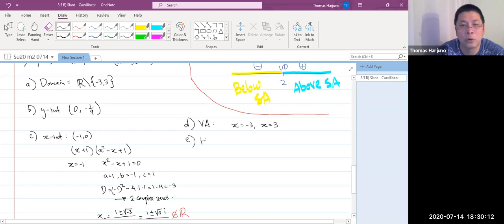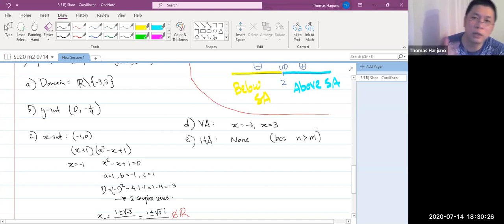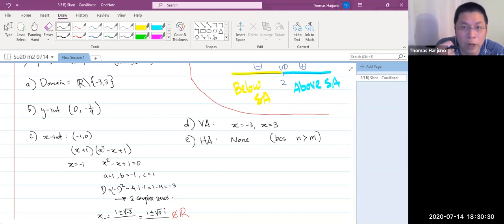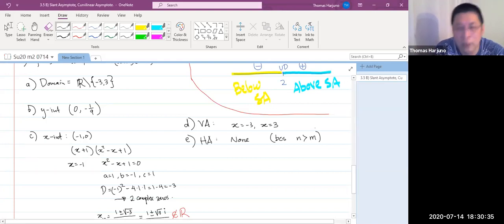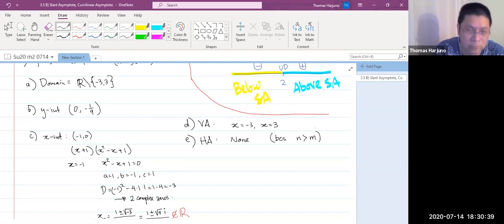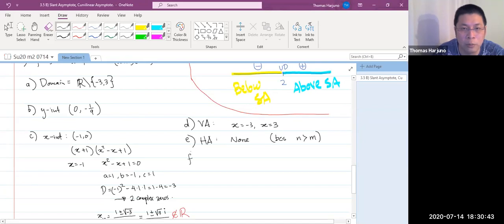Horizontal asymptote is none because the degree on the top is greater than the degree at the bottom. That's why I set up the notation since yesterday, so that we don't have a lot to write. Otherwise, you need to say because the degree of the numerator of f(x) is greater than the degree of the denominator of f(x). Once you get the notation, that will be even faster.